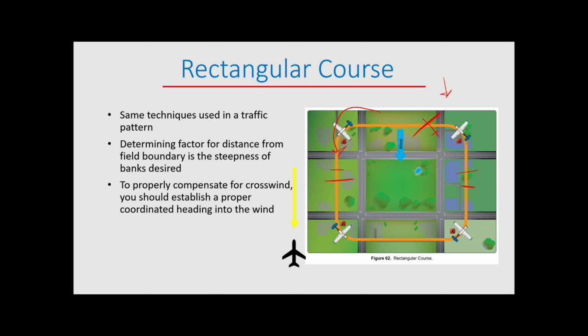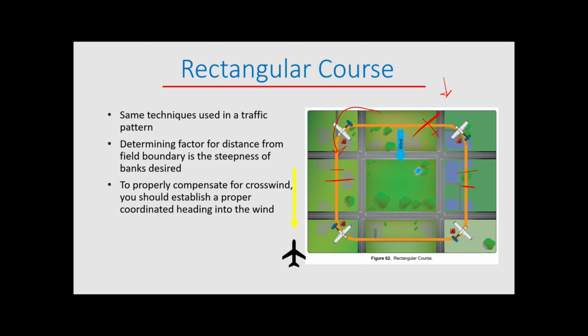And you want your wings level once you cross the road. And because the wind is pushing us back towards the road, we're not going to have as steep of a bank. We're going to have a shallow bank here, going to come wings level again as we cross the road. Really, the best way to learn these is to go out and practice them with a CFI.